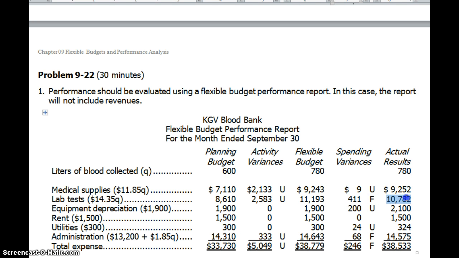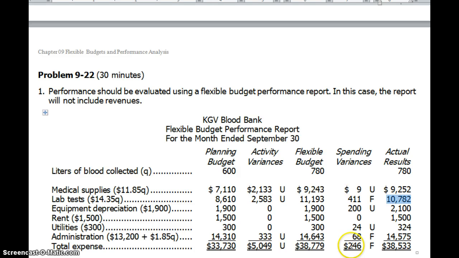And the question would be, did we get a discount, or are we not testing some blood, which would not be a good thing by any stretch? So that would cause some question. Another question might be the depreciation. Why is depreciation $200 higher? I would suspect that they went out and bought additional equipment, which maybe caused them to have additional depreciation expense. But those might be two of the categories.